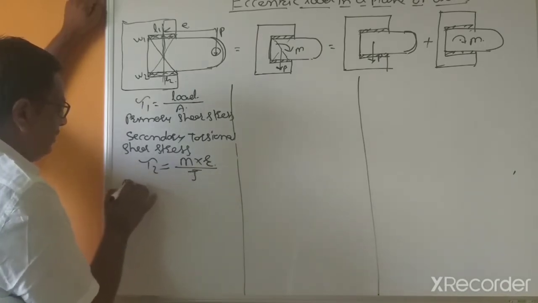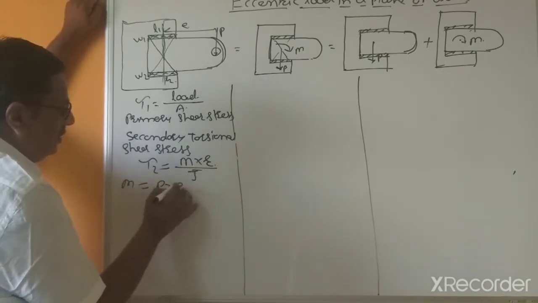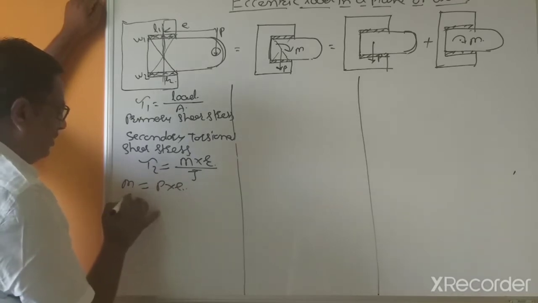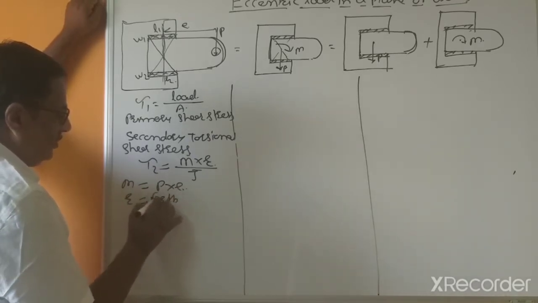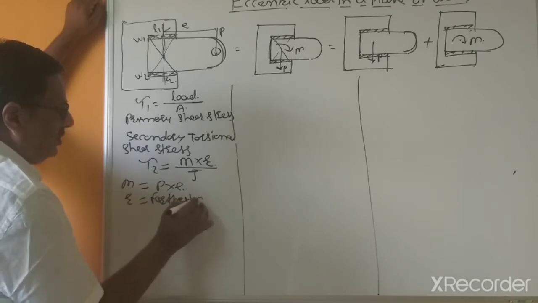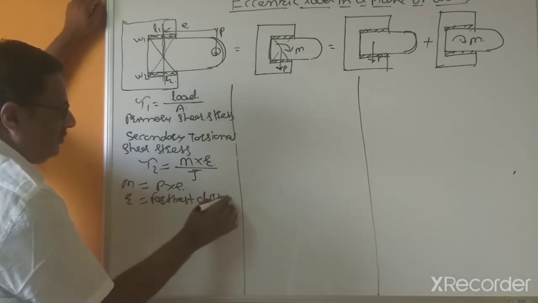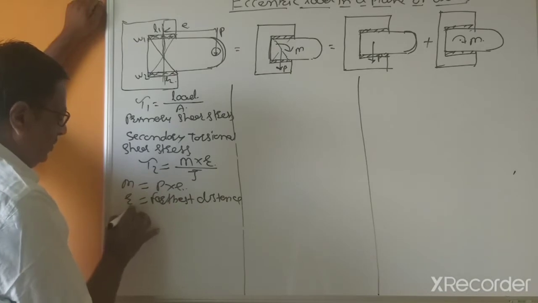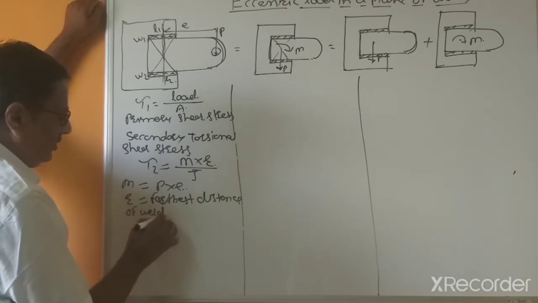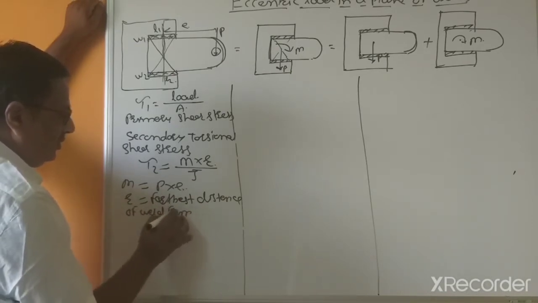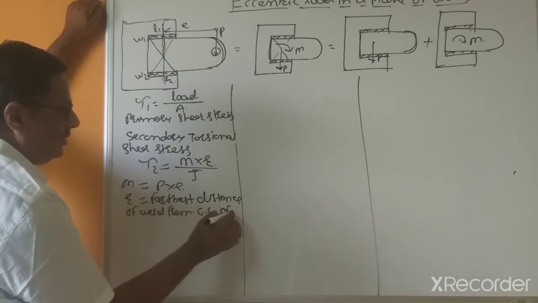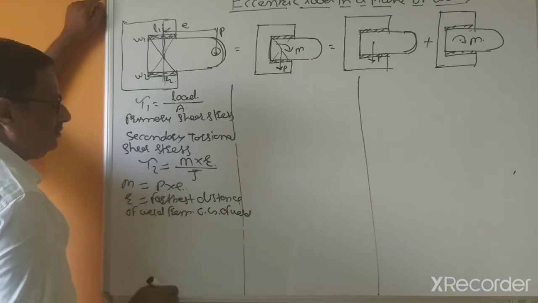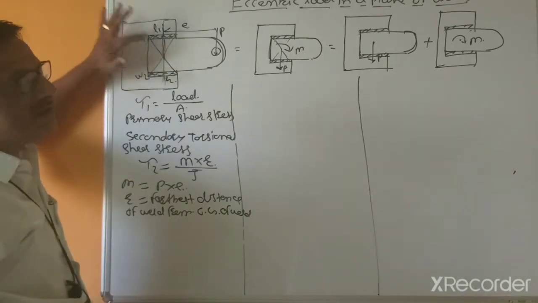M is P into E, this moment. R is the farthest distance of weld from the center of gravity of weld. I mean the center of gravity of this weld.